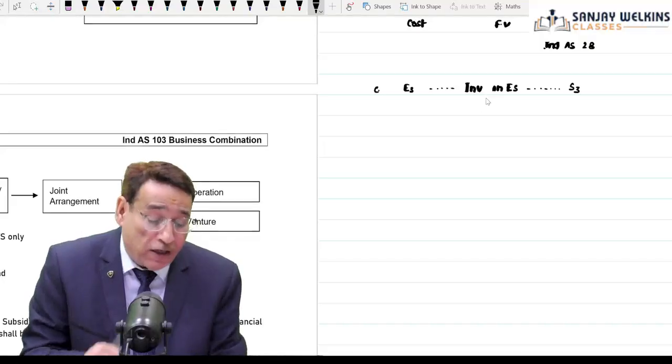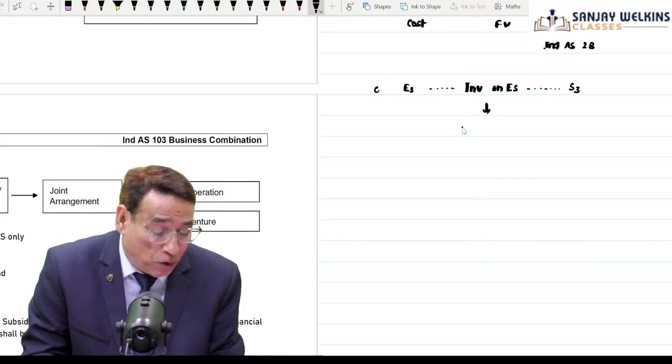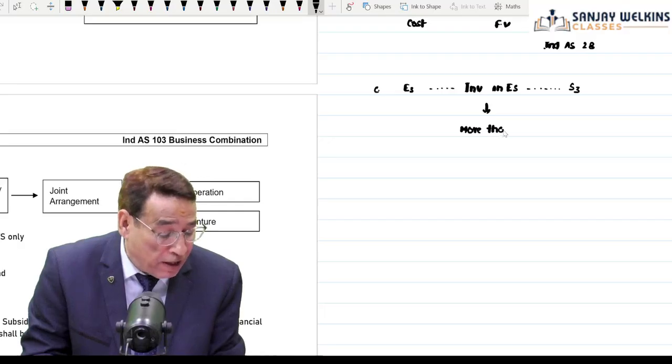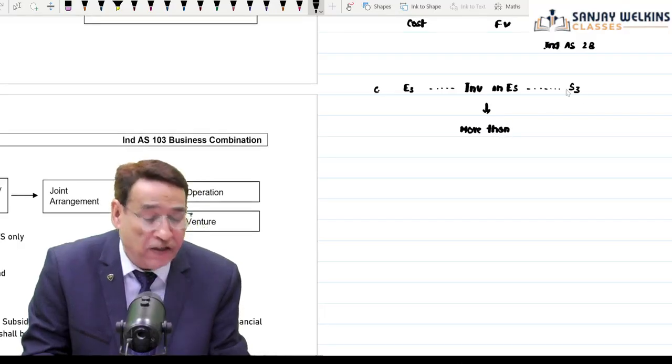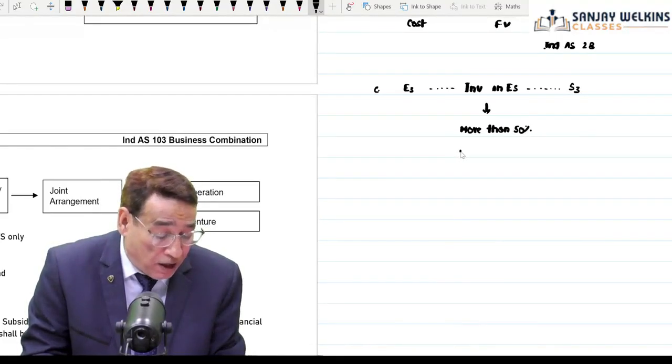We presume that in this particular case, the range of the investment is more than 50%. This time we have acquired, let us say, more than 50% stake in S3 Limited, more than 50% and up to 100%.